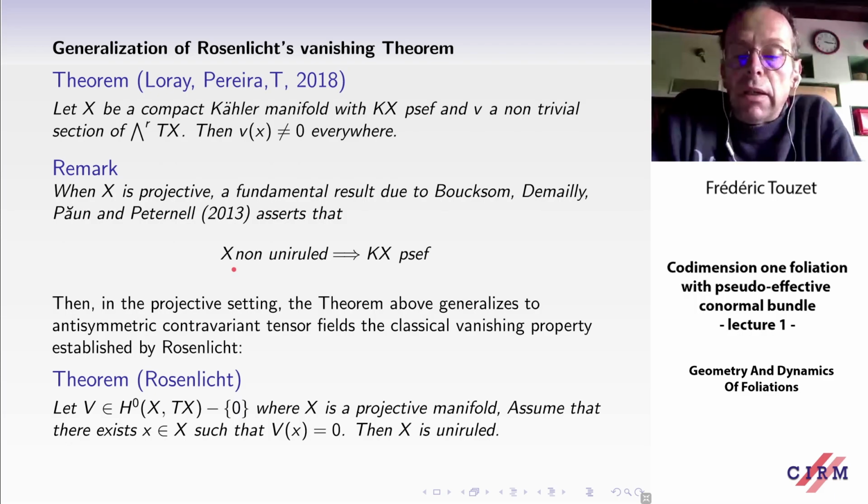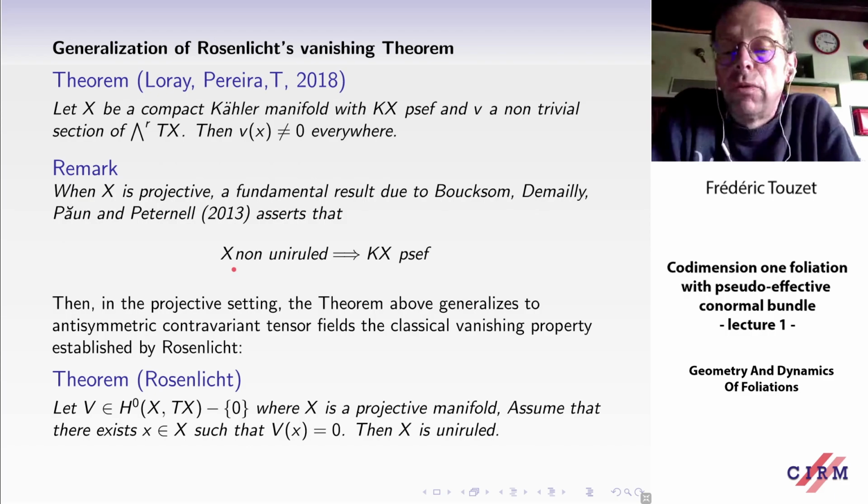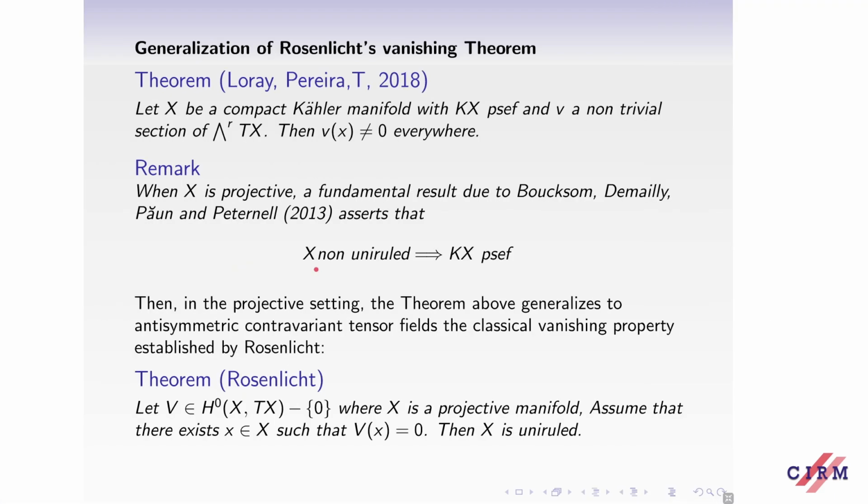And if one has in mind the characterizations of uniruledness or non-uniruledness in terms of pseudo-effectivity, Rosenlicht's theorem can be reformulated as follows. Consider a projective manifold with pseudo-effective canonical bundle.